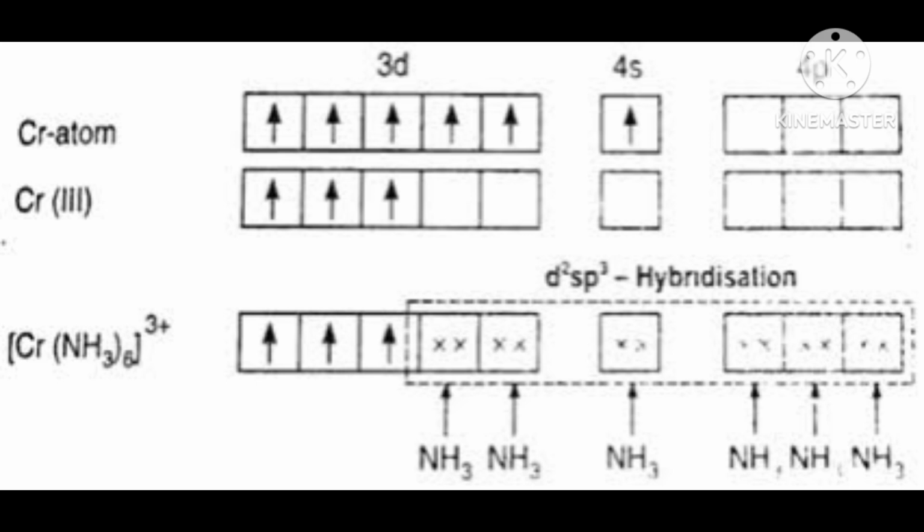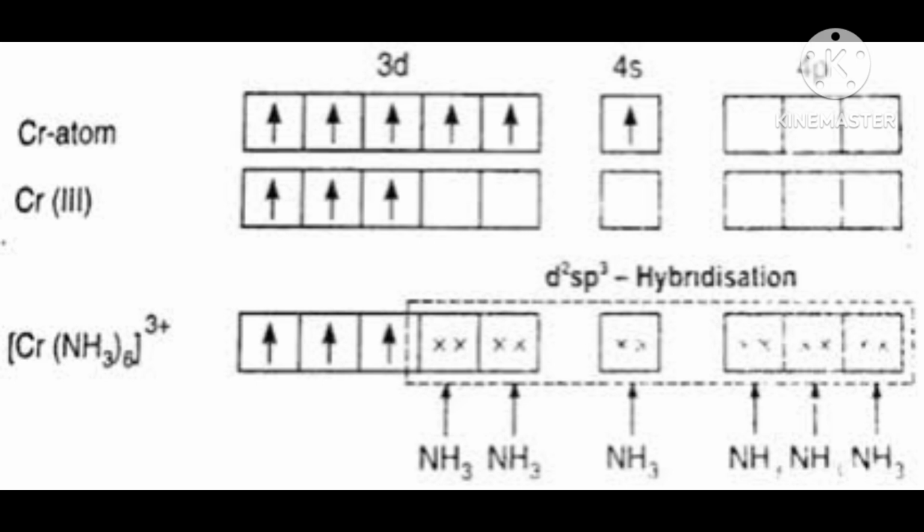Okay. Now I told you about hybridization and geometry. This is also the same sp3d2 hybrid, octahedral. This is also a case of octahedral, but it is a high spin or spin free complex.